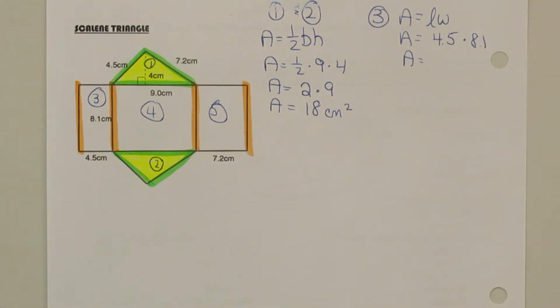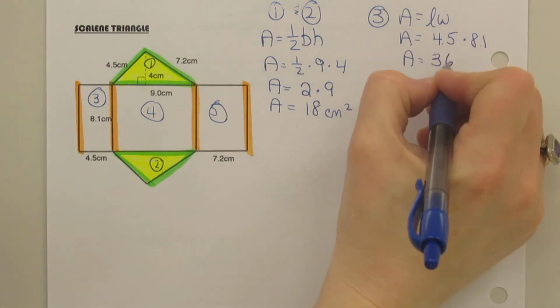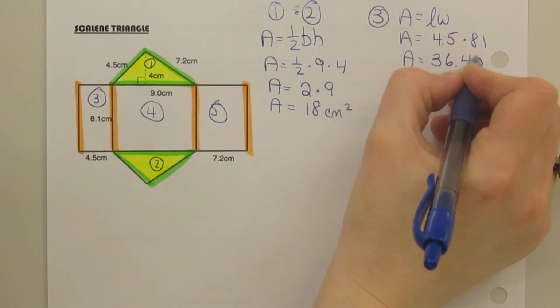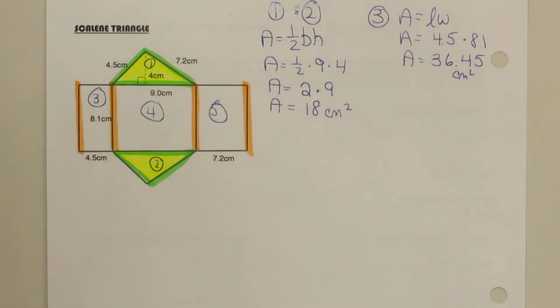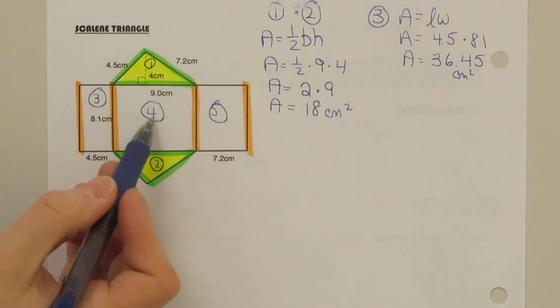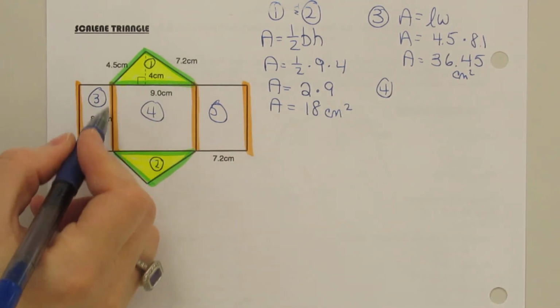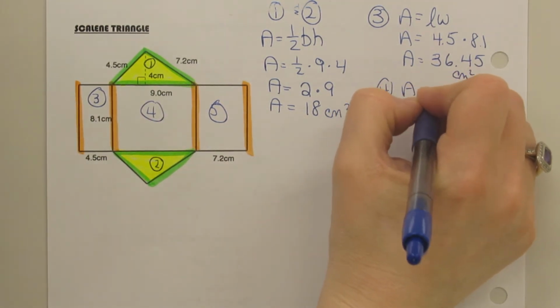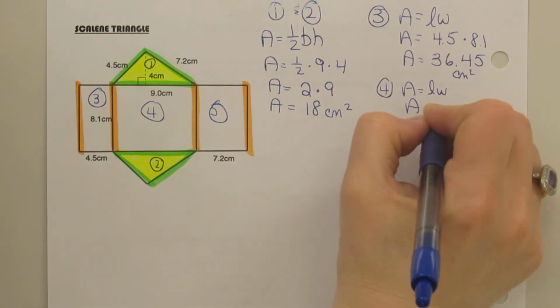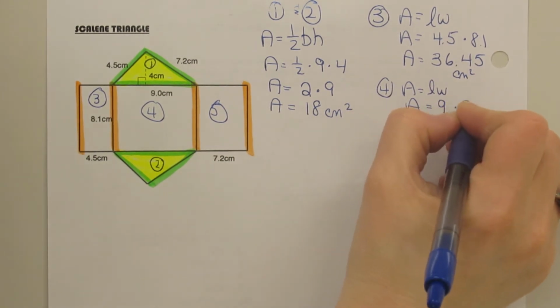Using a calculator is going to be fine as long as you're showing your algebra. I don't need to see all of the computation. So we're going to have 36.45 centimeters squared.